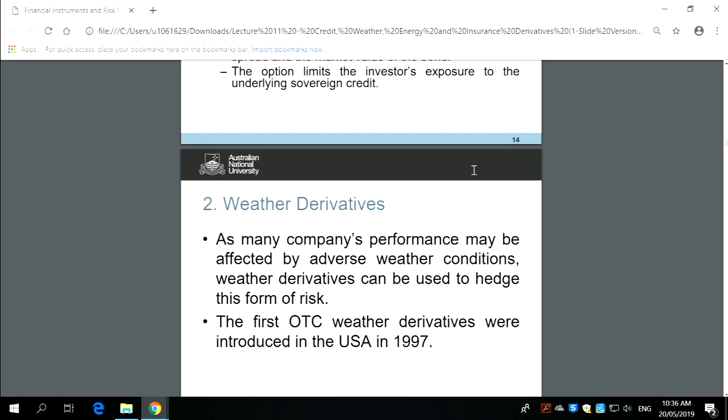But in the 1990s, the state government of California decided to deregulate the electricity market. In the past, the retailer company and the generator company used to be one company, owned by the state government. After the deregulation, those two types of company separated.